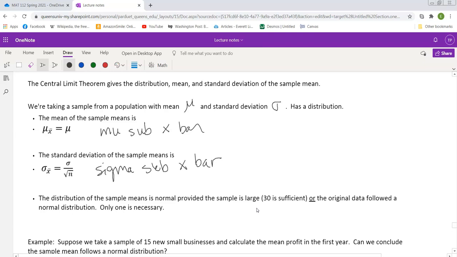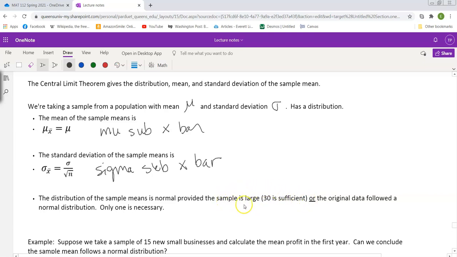Or if you're told that the original data follows a normal distribution. For our purposes, you probably need to be told that. Or you might look at a histogram. Anyway, so x bar follows a normal distribution provided you know one of these two things.